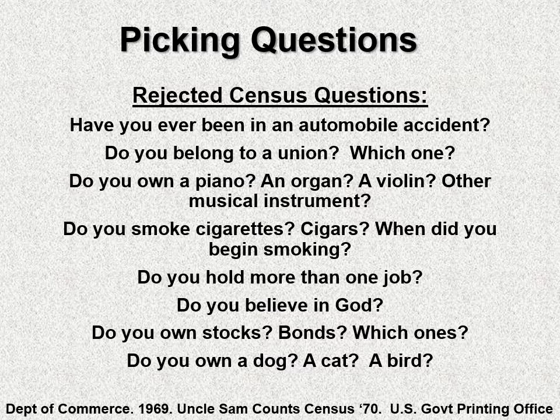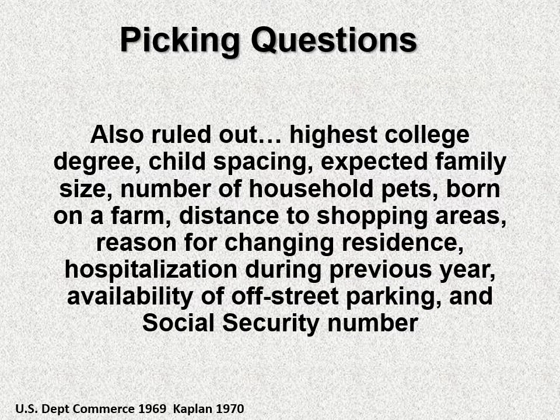You know, smoking might be important because the census has been used to correlate health of a person with various aspects of an area. Do you believe in God? Do you own a dog, a cat? Here's some other ones that were rejected: child spacing, number of household pets, hospitalization during previous year. You know, that might be an interesting one too in terms of the health professionals. Availability of off-street parking. Social Security numbers are protected. They would never be on a census. You'd never be asked for your Social Security number.